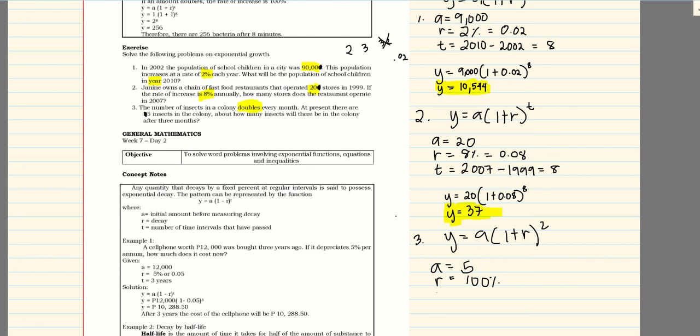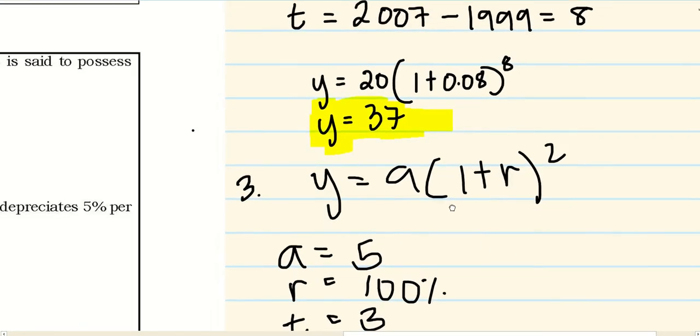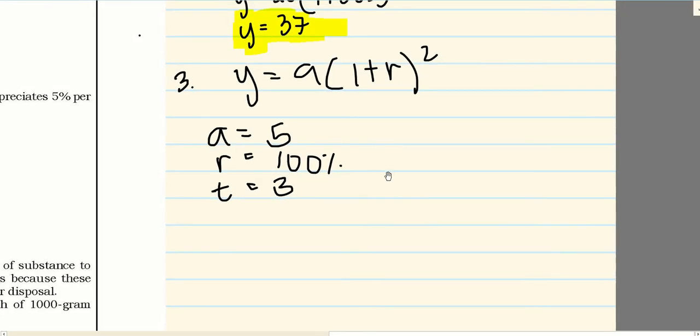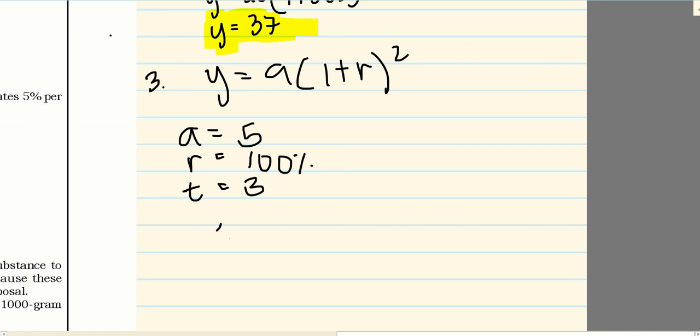And our time is 3 months. Let's zoom in a little bit here. Let's just substitute it: 5 times (1 + r), where r is 100%, also known as 1.00, to the power of 3.